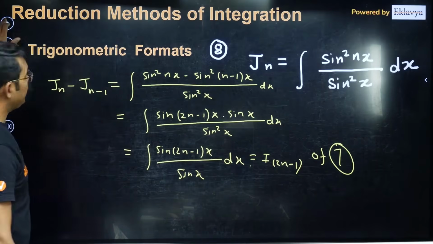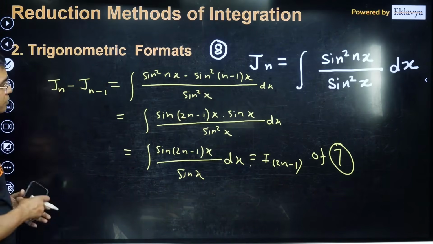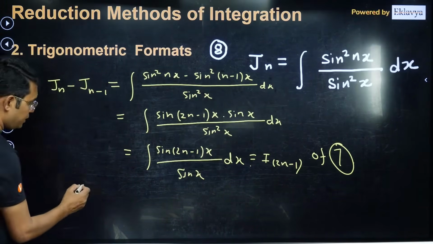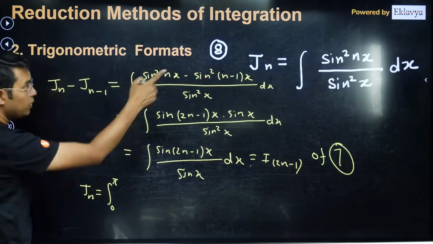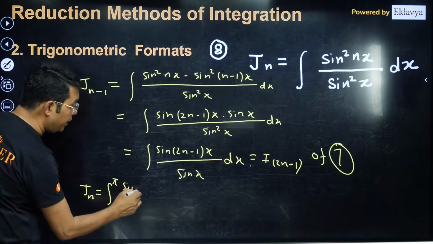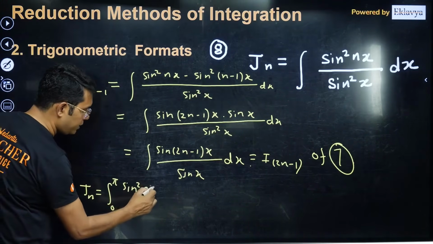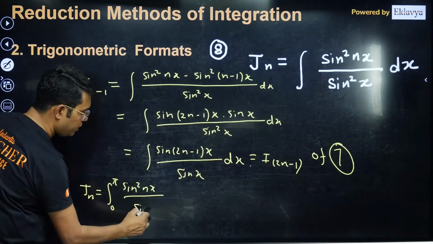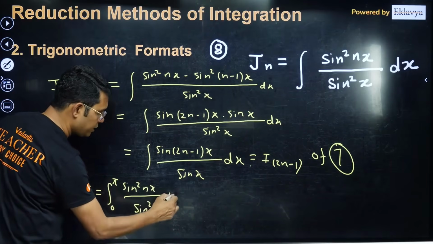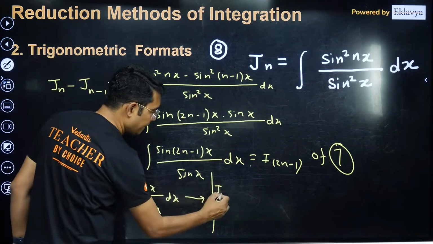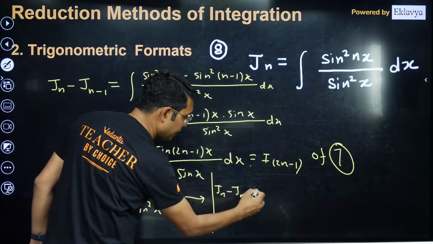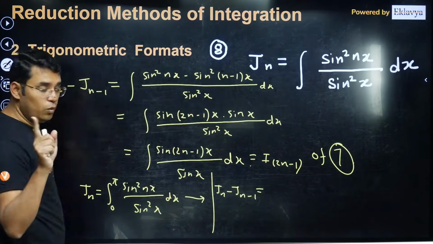Okay, in fact, if we are given Jn from 0 to pi, so sine square nx upon sine square x dx, in this case you can very easily see Jn minus Jn minus 1. Here the gap is of 1 only, not 2.